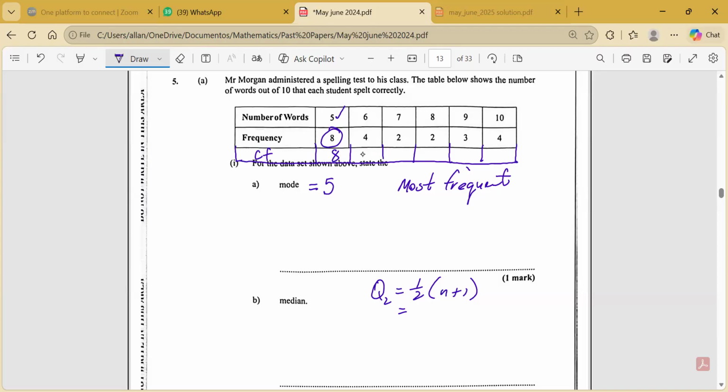What's the next number? 12. Next. 14. 16. 18. 19. 22. 23. So the total frequency is 23. If you add them up, that is the total.